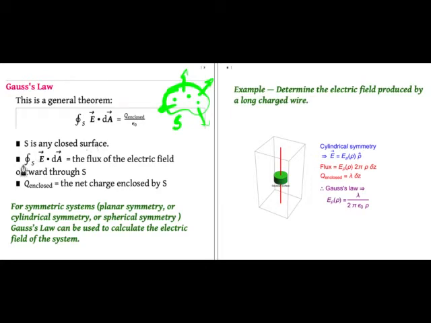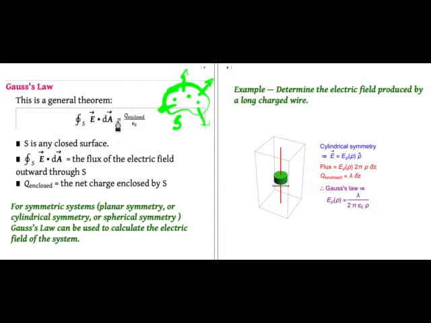Gauss's law says that the flux of the electric field outward through S, in other words, a measure of the amount of field flowing out of that volume enclosed, is equal to the net charge enclosed by the surface divided by the electric constant epsilon 0. That's just a general theorem.